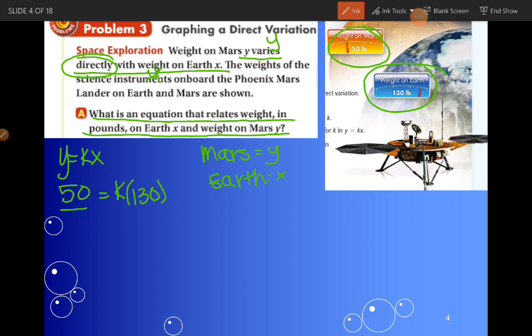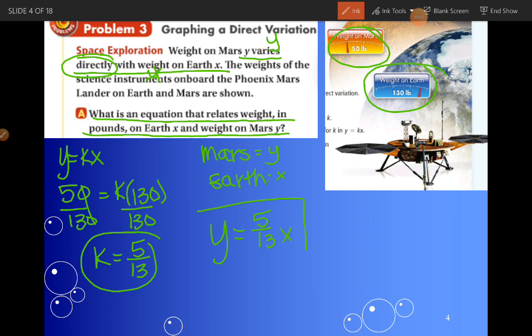So we're going to divide by 130, and I get k is equal to, remember zeros cancel, 5 over 13. So that would be our k value. All this asked us was to write the equation, so the answer is actually going to be 5 over 13x.